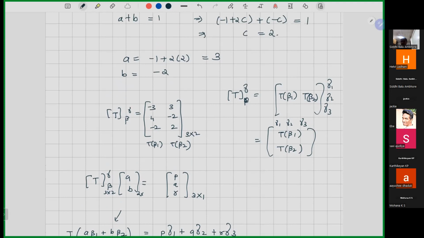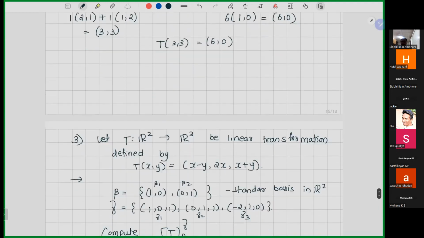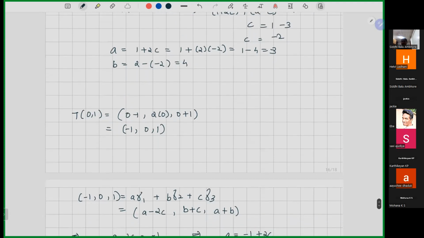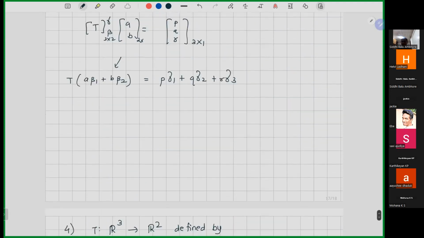In an m cross n matrix such a mistake is less likely, but in 2 cross 2 or n cross n matrices this could happen. So please keep this in mind clearly. T should be vertical and coefficients should be horizontal; make a trick and remember it.